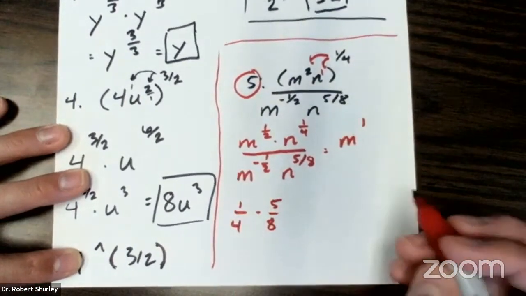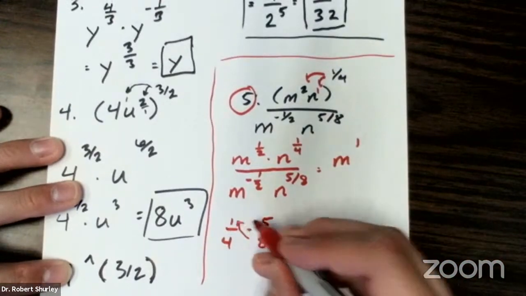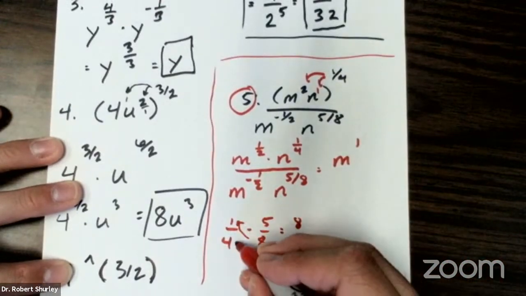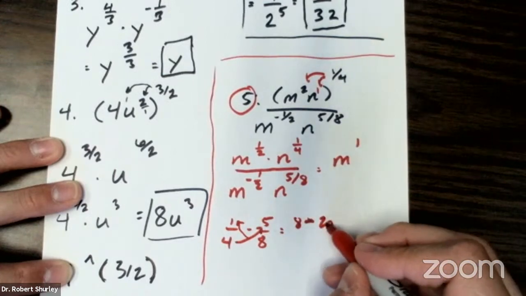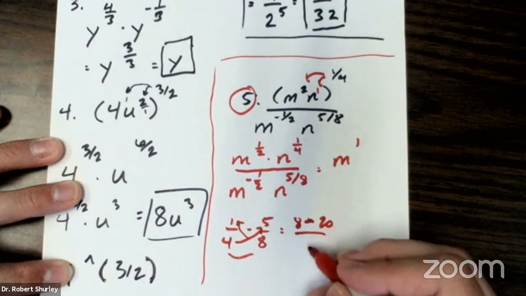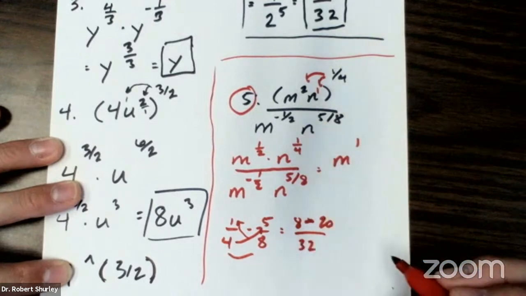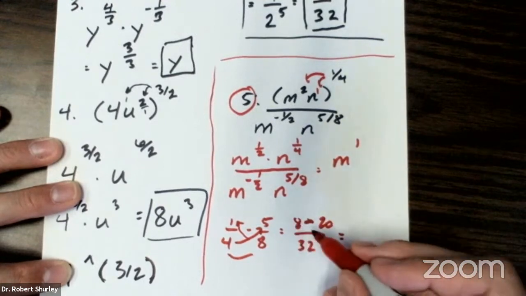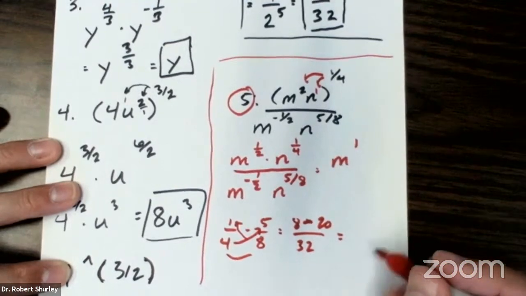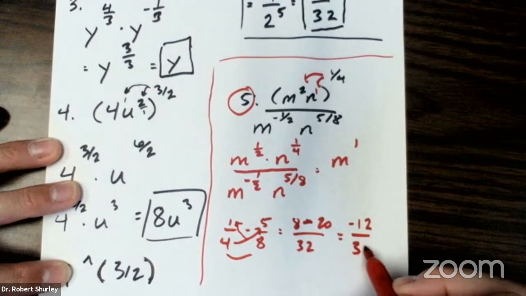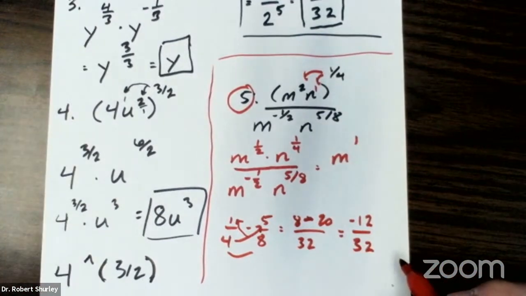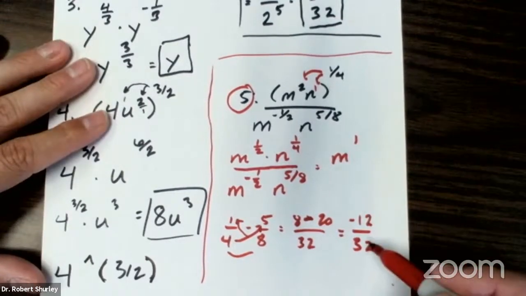with the happy cyclops. Okay. 8 minus 20 over 32, right? 8 minus 20 would be negative 12 over 32, which winds up with, these aren't divisible by 12.